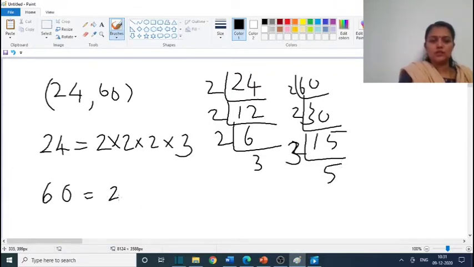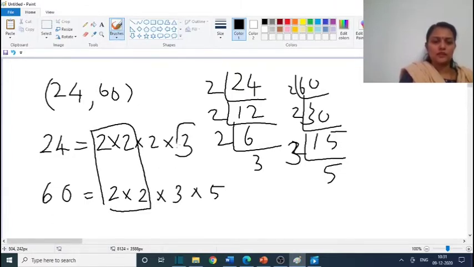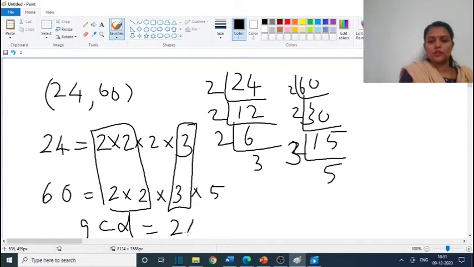So 2 into 2 into 3 into 5. So the common factors are two 2's and one 3. So GCD is equal to 2 into 2 into 3, so this is 4, 4 into 3, 12.